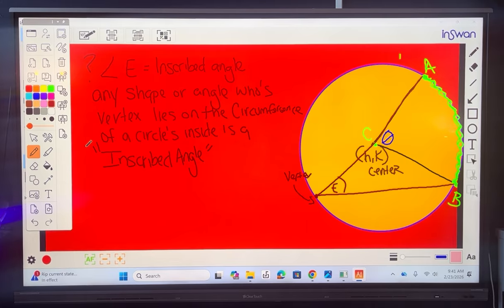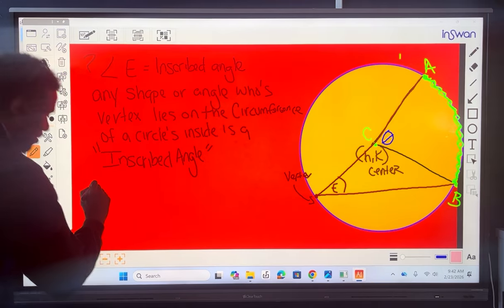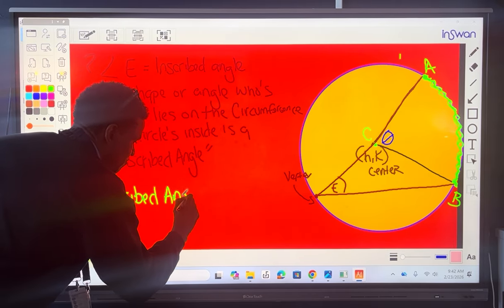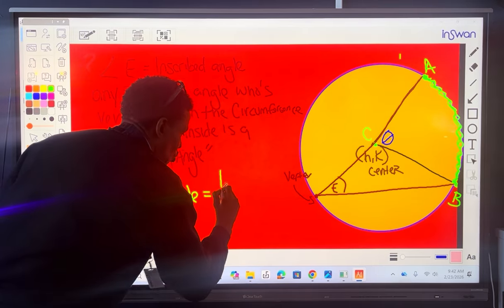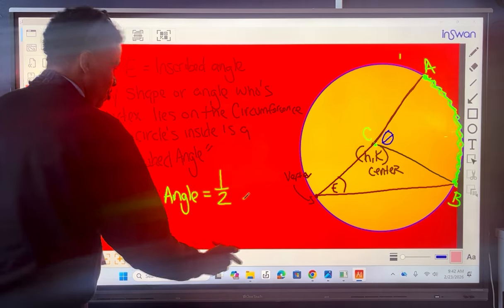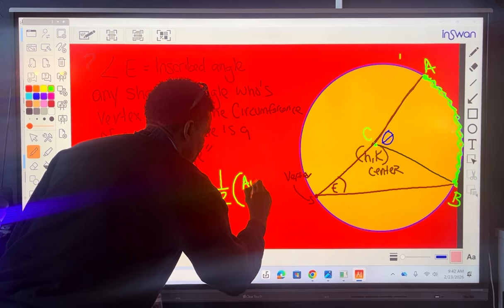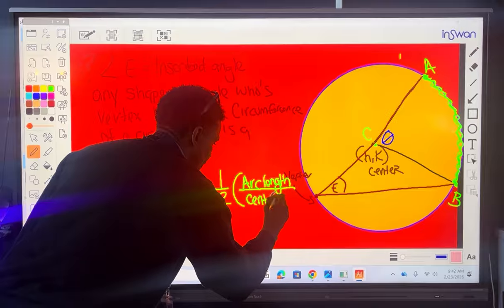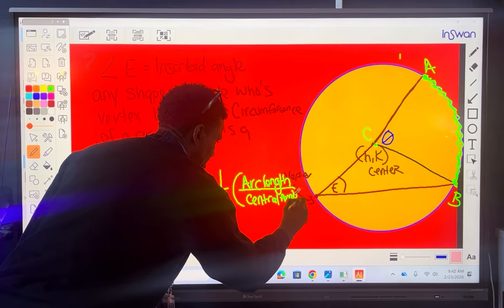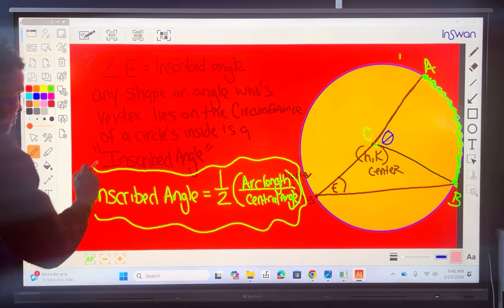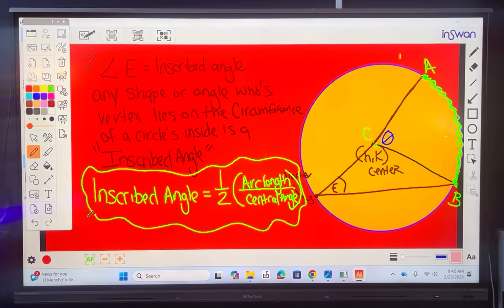The formula for any inscribed angle equals 1/2 the arc length or the central angle, because the central angle and the arc length equal each other. And that's our formula for today: inscribed angle equals 1/2 the arc length or central angle.